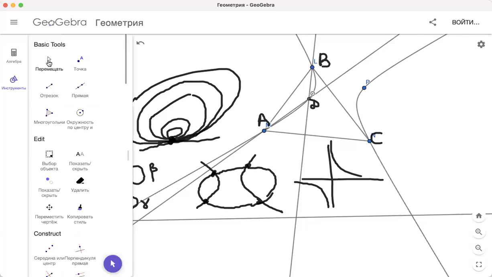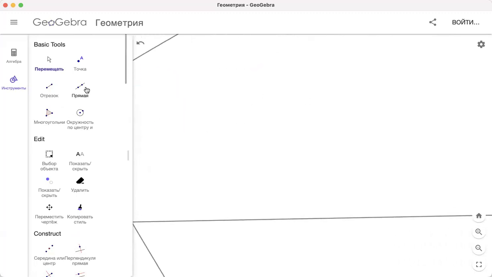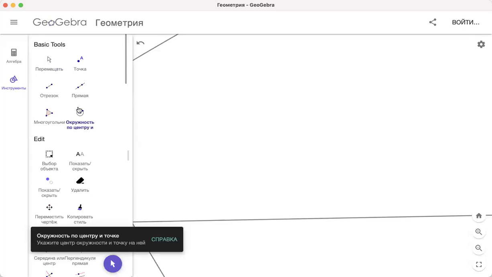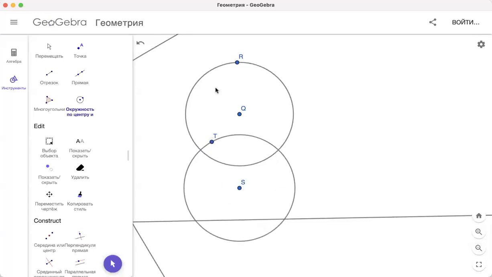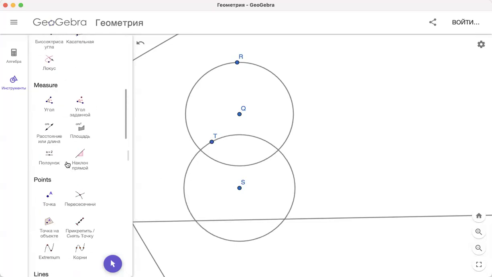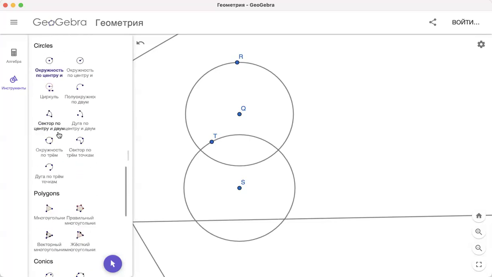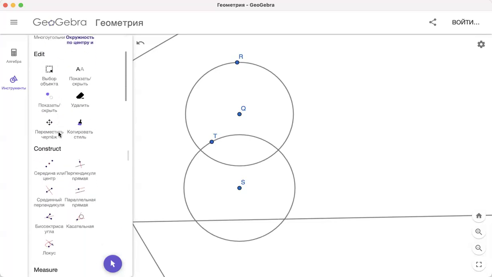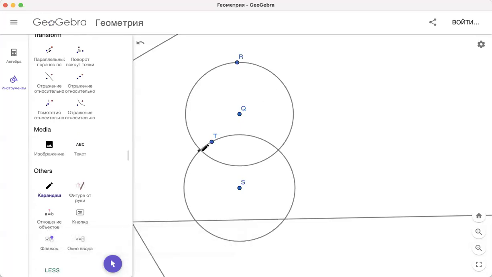The second known example is the following. Suppose we have 2 equal intersecting circles.